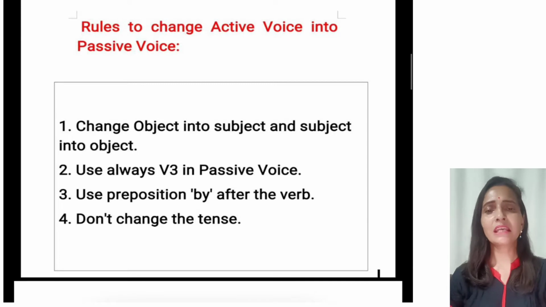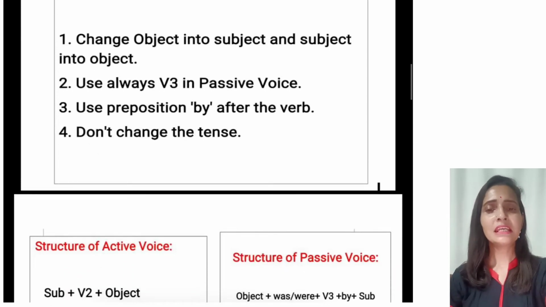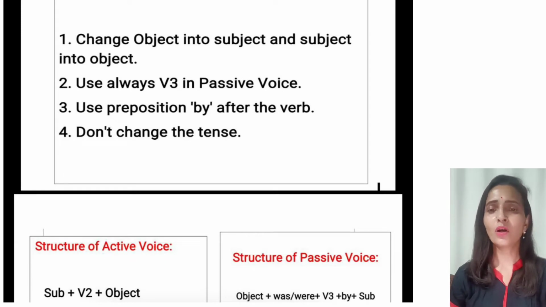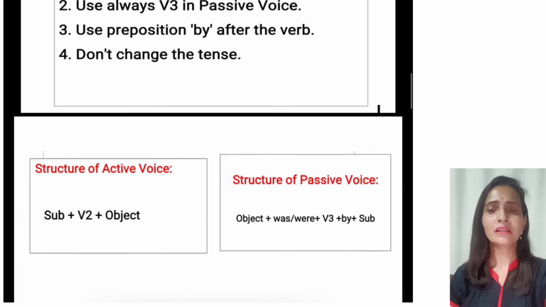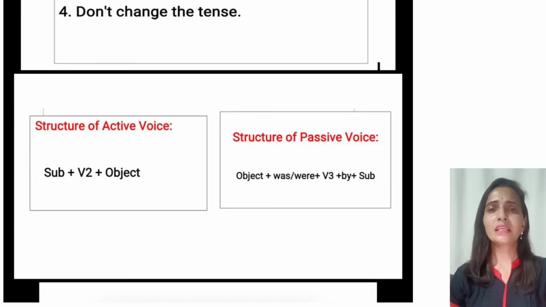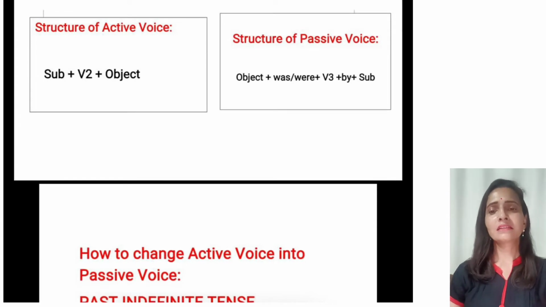Rules to change active voice into passive voice. First, change object into subject and subject into object. Use always verb 3 in passive voice. Use preposition by after verb. Don't change the tense. So the structure of the active voice is subject plus verb 2 plus object.